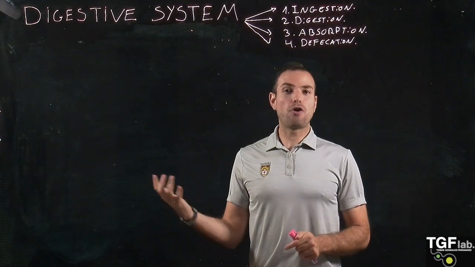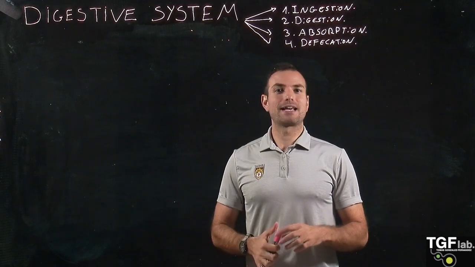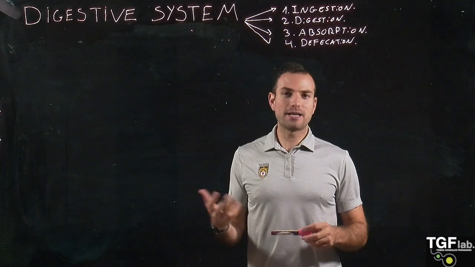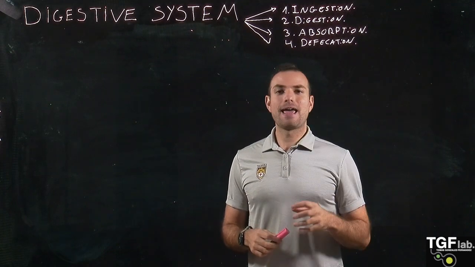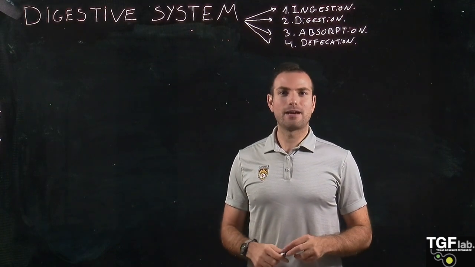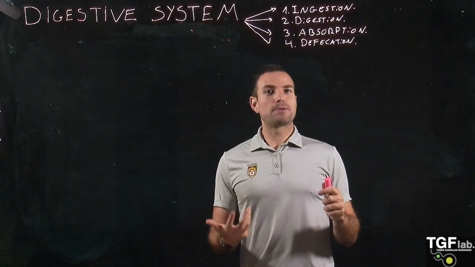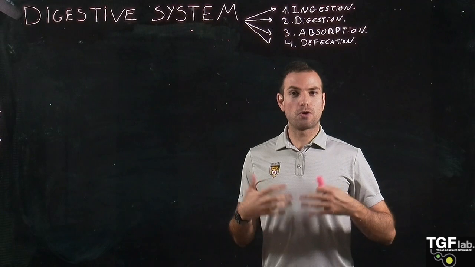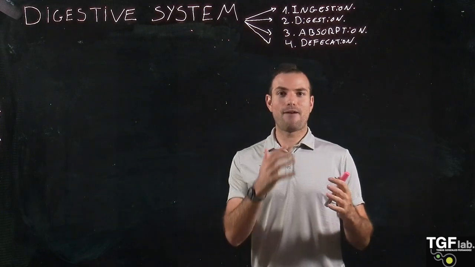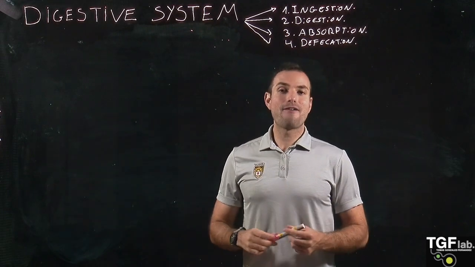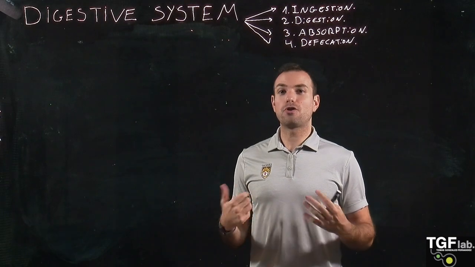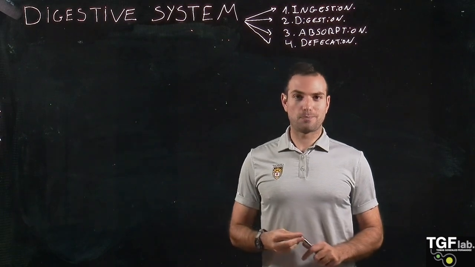And it can be chemical with the secretion of different components, for example, the saliva, and also the hydrochloric acid or the pepsin in our stomach. Then we have the absorption, so our body needs to absorb all those nutrients from the foods that we digest. And finally, the defecation, because our body also needs to get rid of all the waste products.